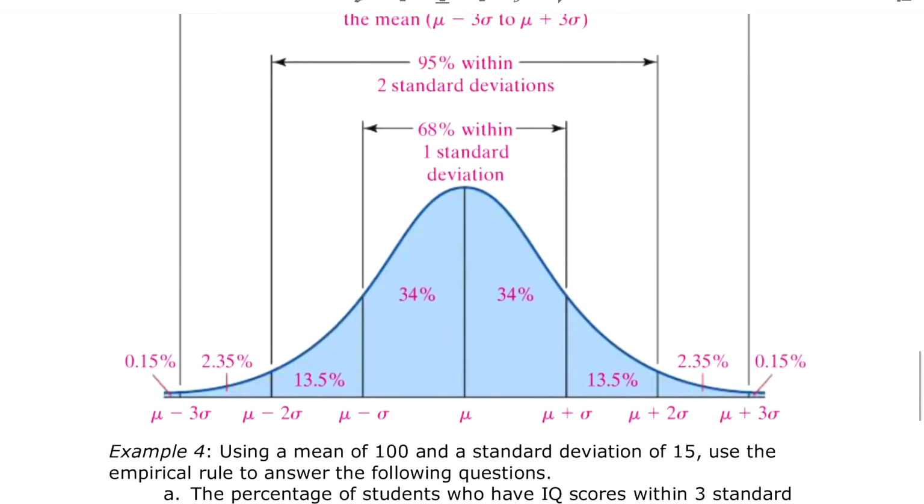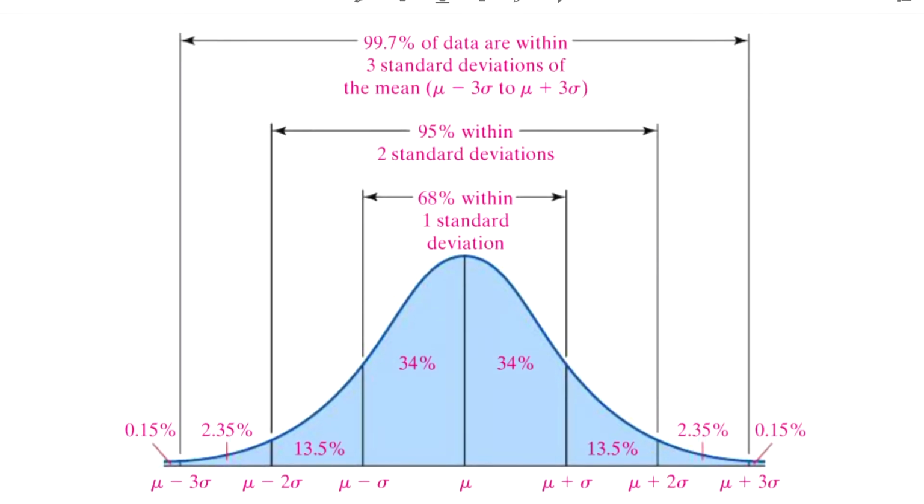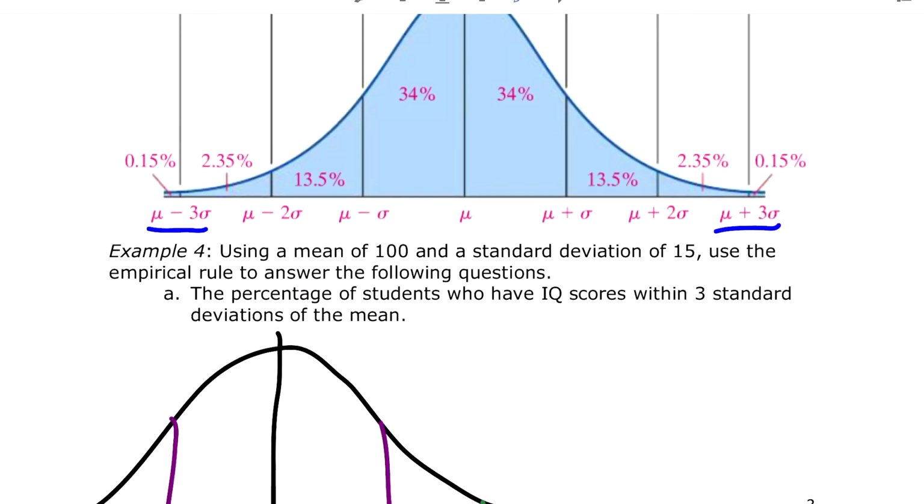If I come back up to my general graph, from 3 standard deviations below to 3 standard deviations above contains 99.7% of my data. So we're looking from here to here, and here we see 99.7%. So the answer to this first question is 99.7% of students have an IQ score within 3 standard deviations of the mean.